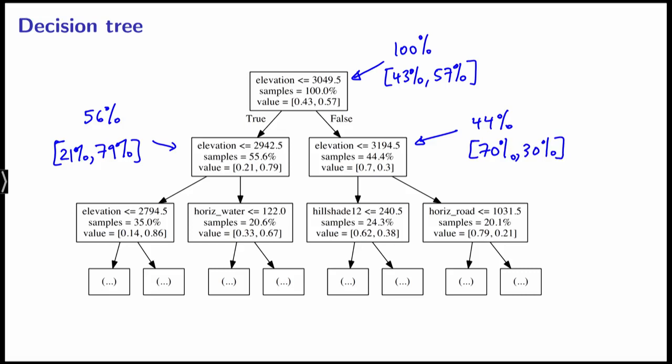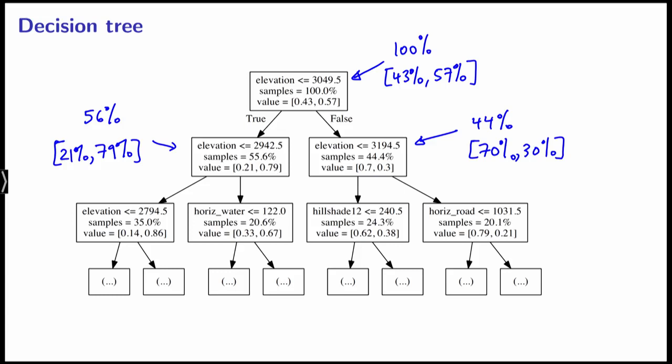So you can see that the top split does a pretty good job of reducing the uncertainty. We go from a 43-57 balance to 21-79 on one side and 70-30 on the other side. A significant reduction in uncertainty, and this trend continues down the tree.